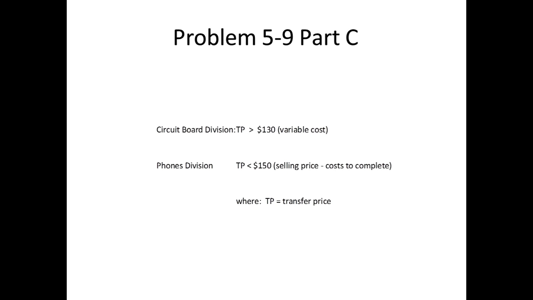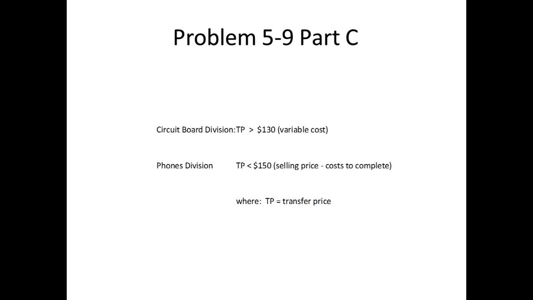In 5.9 Part C, how would you set the transfer pricing? For the circuit board division, the transfer price should be set at greater than $130, which is variable cost, or they'd have no incentive to make the board. So you have to set up the incentive system such that the circuit board division will want to make the board, and the phone division will have an incentive to buy it.